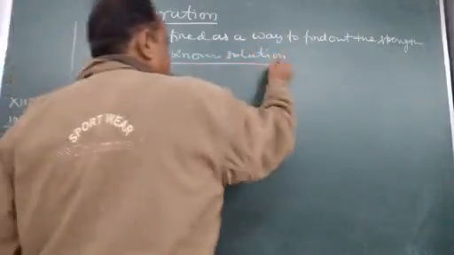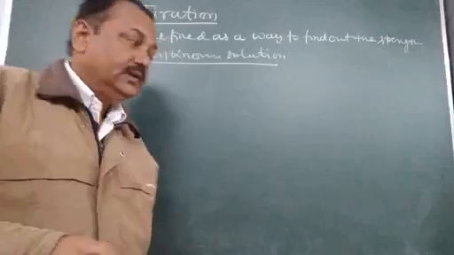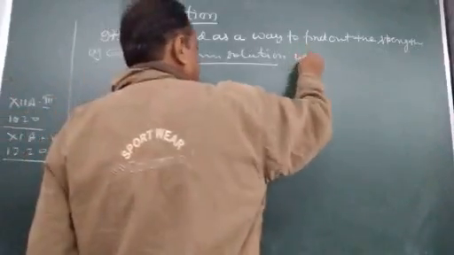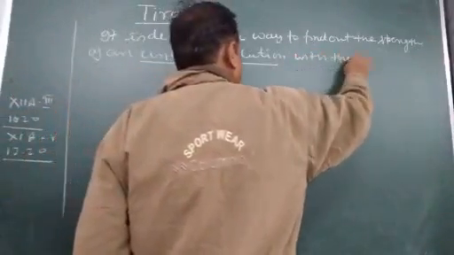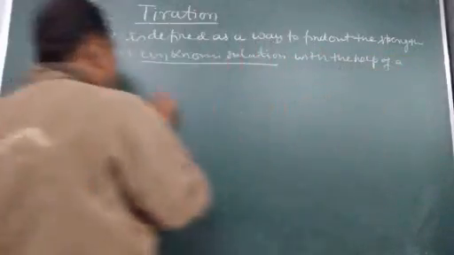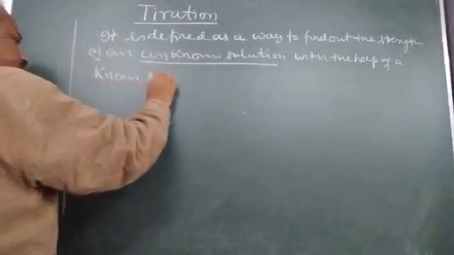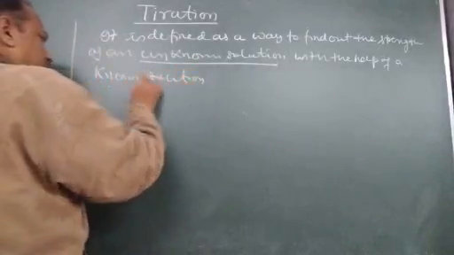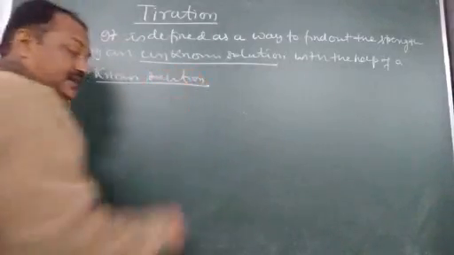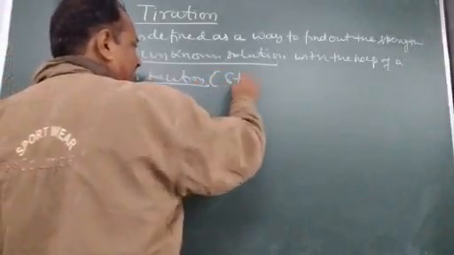So one solution is unknown. We don't know the strength. With the help of a known solution, the solution is known to us, and that known solution is called a standard.